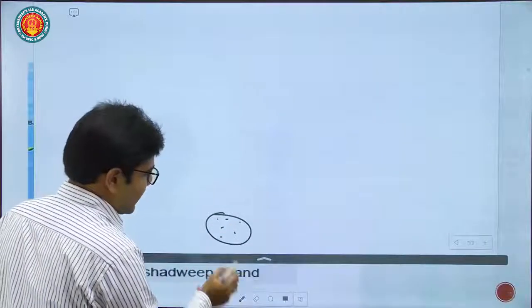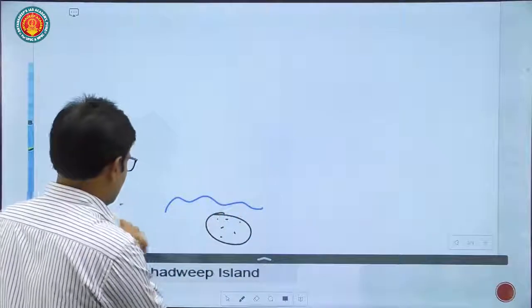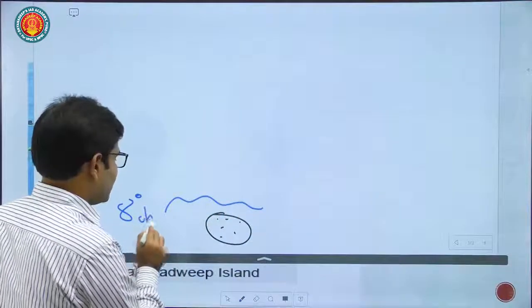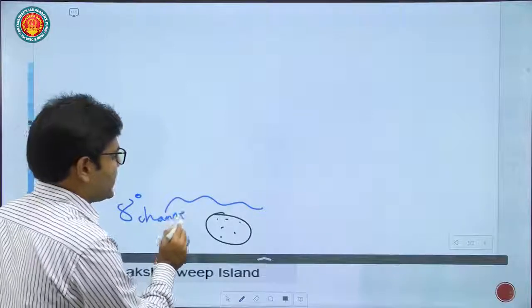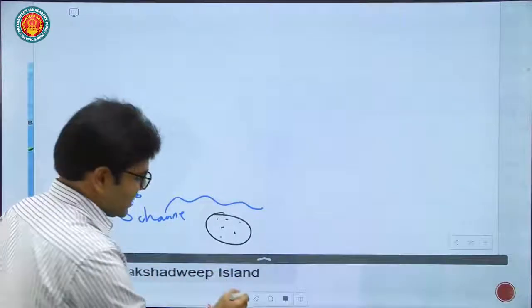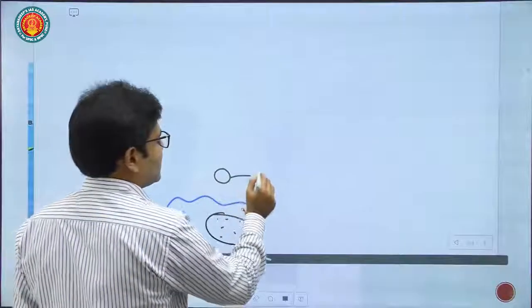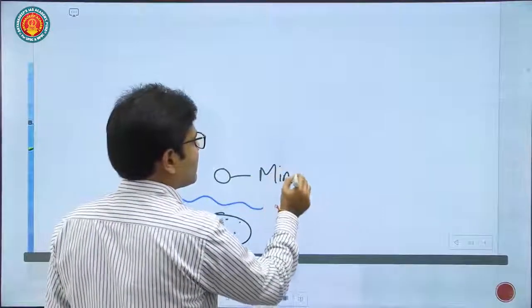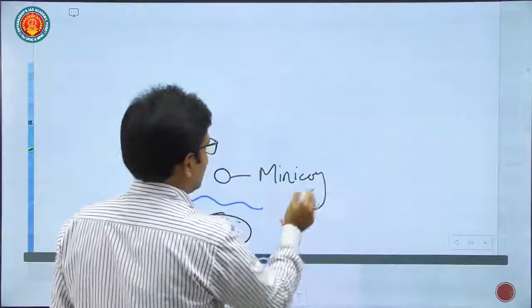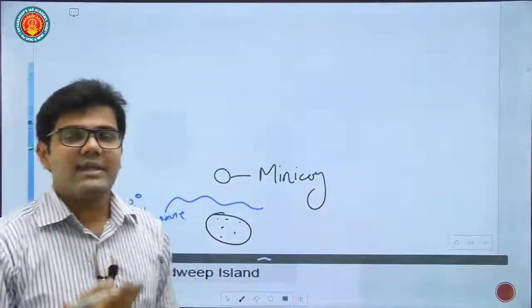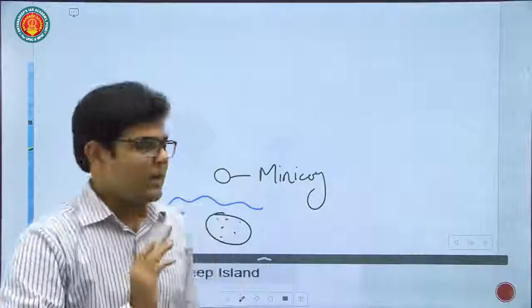So here we have the 8-degree channel. The 8-degree channel separates Maldives and Minicoy Island. Minicoy Island is the largest island of the Lecture-02 archipelago.